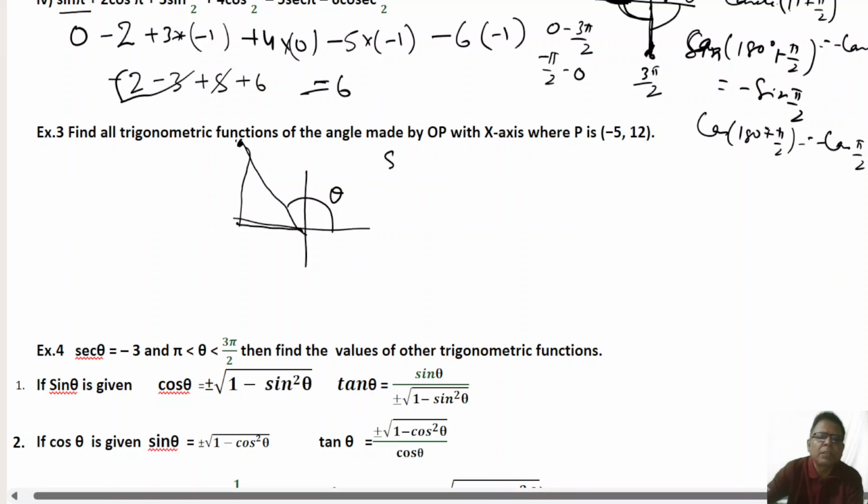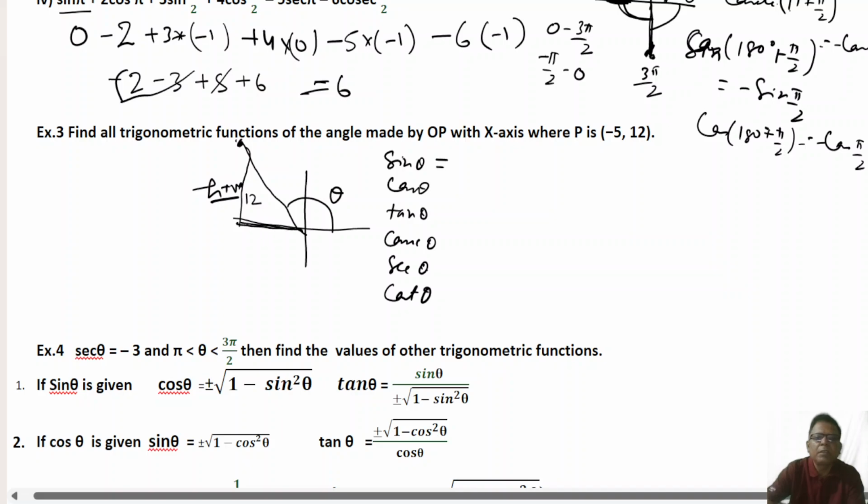This is asking for sine theta, cos theta, tan theta, cosec theta, sec theta, and cot theta. So let us see. Height is positive, 12.